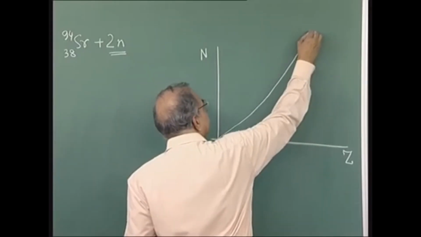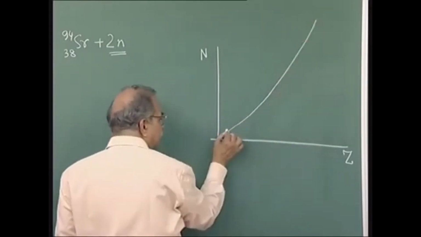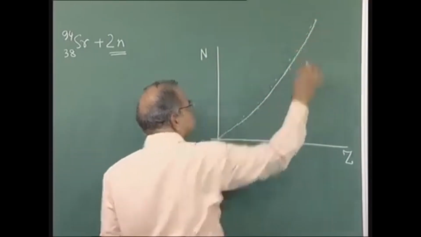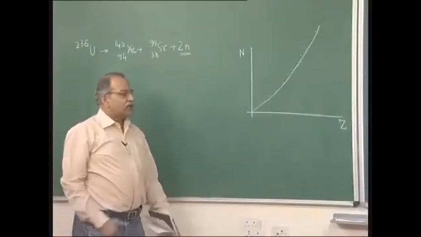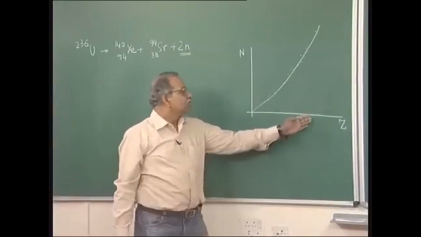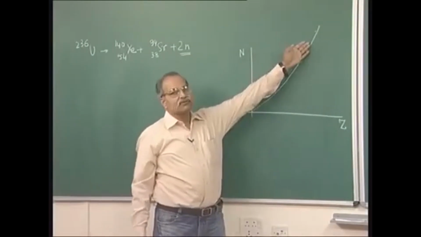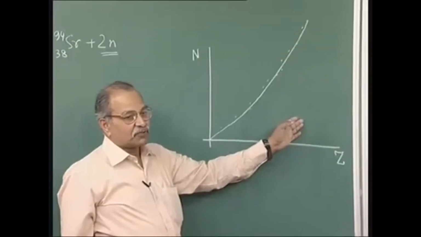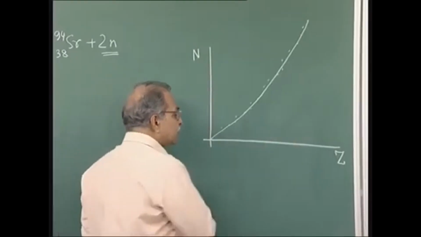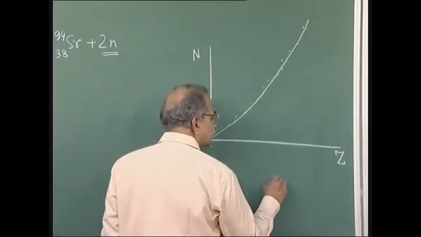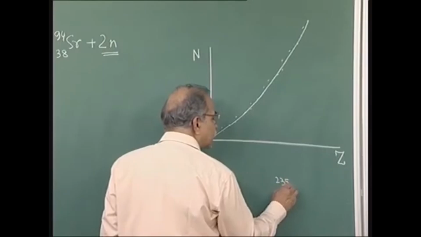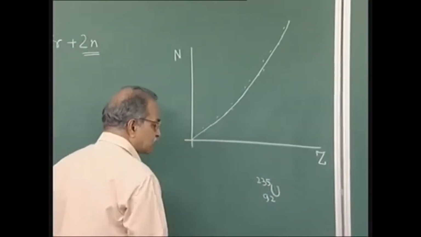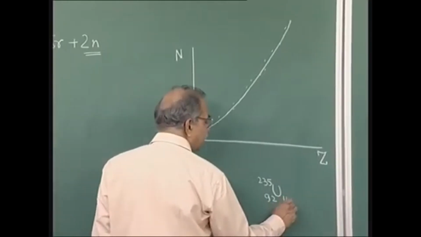It is like this. So, these around this line are the beta stable nuclei. For heavier nuclei, you have more neutrons than protons. For example, if you look at uranium 235 or uranium 238, you have 92 protons and the neutron number here will be 143.